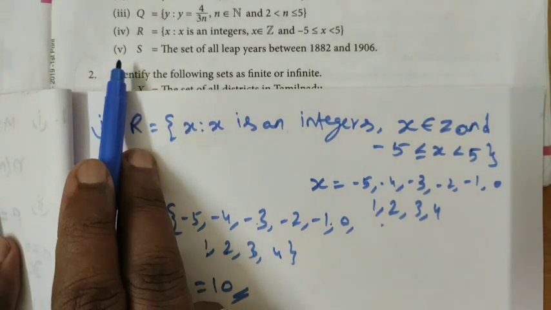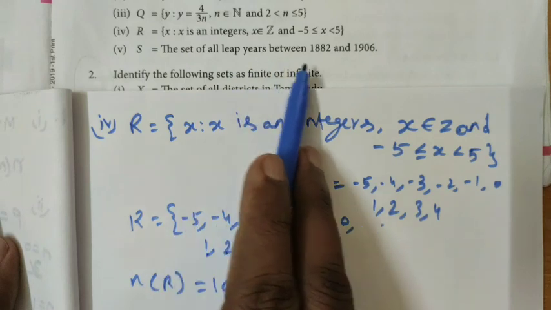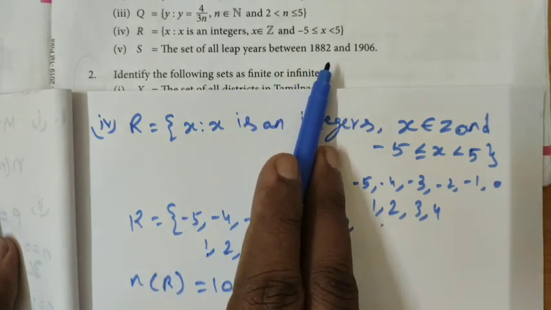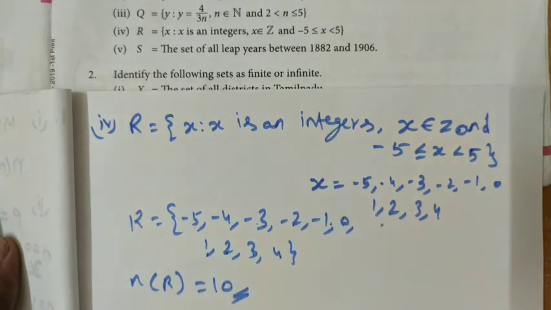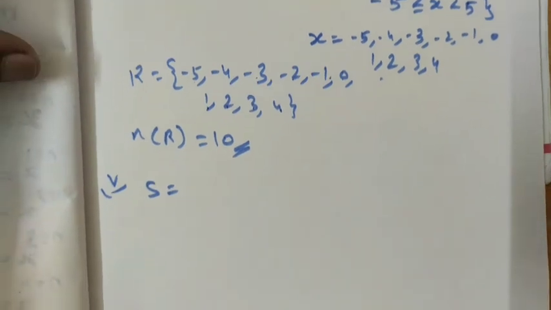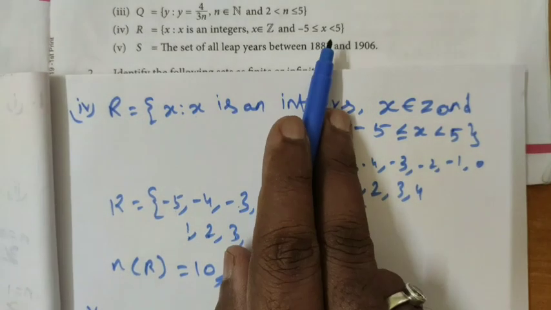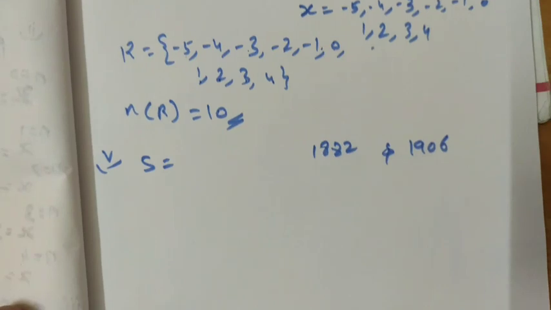See, Roman number v is given as the set of all leap years between 1882 and 1906. In between those numbers, we have to find out what the leap years are. Leap years appear once in 4 years, right? The first one starts after 1882, and the end is 1906.